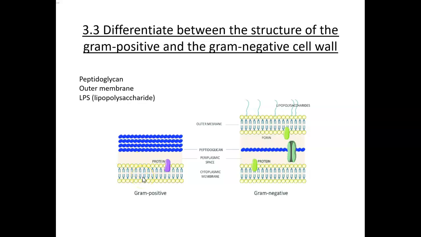The membrane and any molecules can go in and out of the cell wall. Doesn't matter. It's like a basket. The membrane is going to be selective. Only some things can get through the membrane, and that's going to make the inside of the cell look different than the outside. So when we look at this gram-negative wall, we've got this outer membrane that's going to be selective. Only some things can get through. The peptidoglycan, being the rigid part of the cell wall, is going to firm up that wall and make it strong.